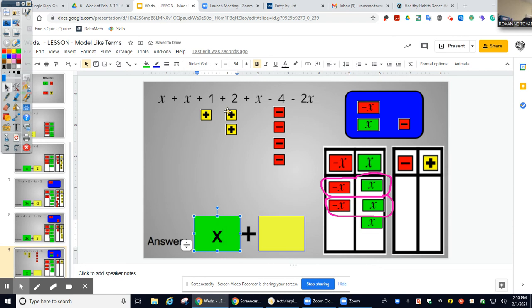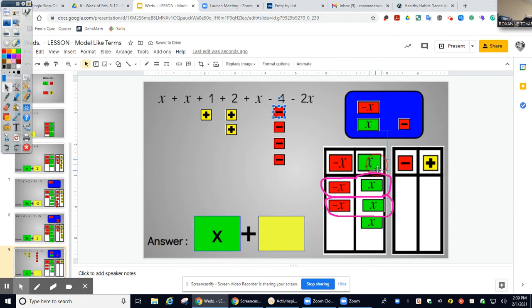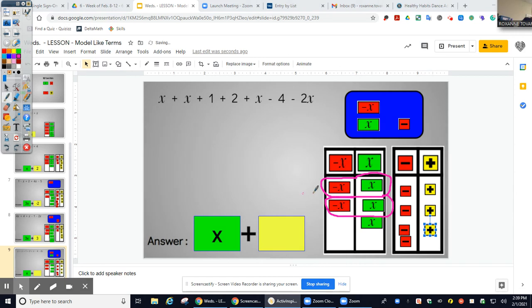And now I'm going to do the same thing for my "I'm just a number." So I'm going to go ahead and drag that "I'm just a negative" over here. And then the positive over here. Okay. And then I'm going to count up my zero pairs.